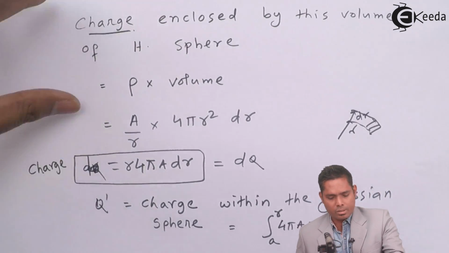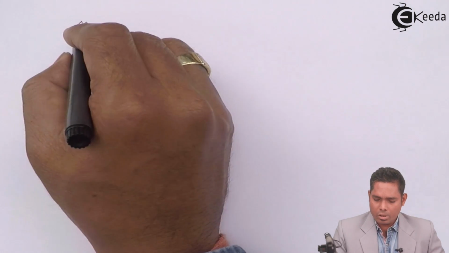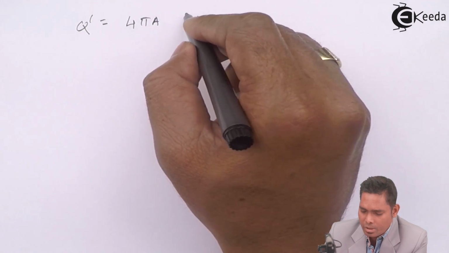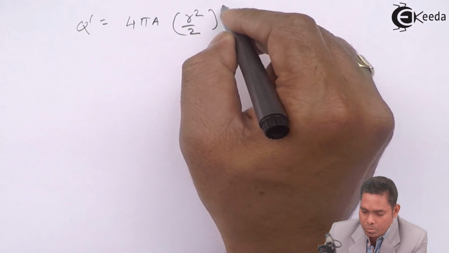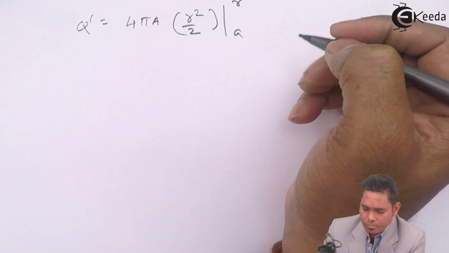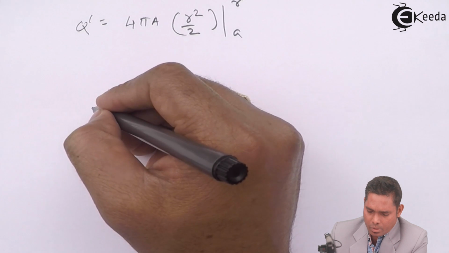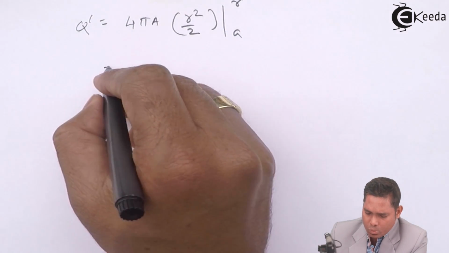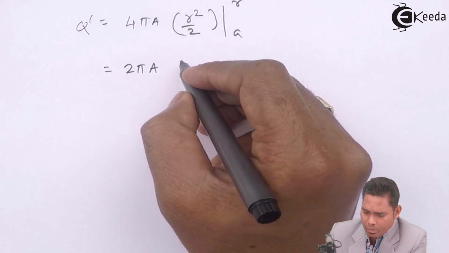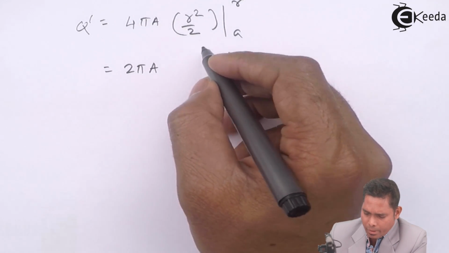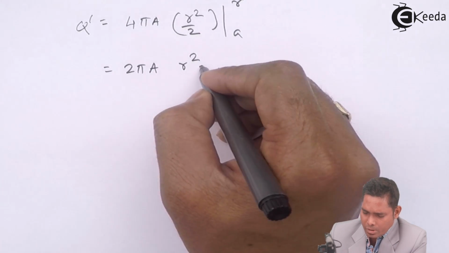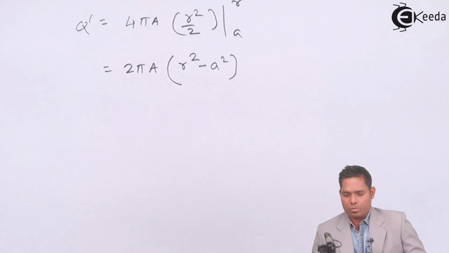So if I solve this, how much is Q dash? Q dash becomes 4 pi a, which comes out, and the integration of r dr is r squared by 2. I have to use the limit from a to r. So this is 2 pi a, and this is r squared minus a squared.